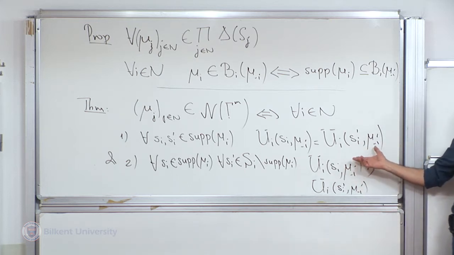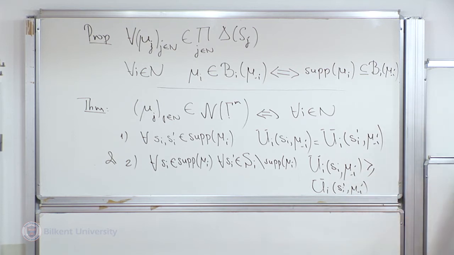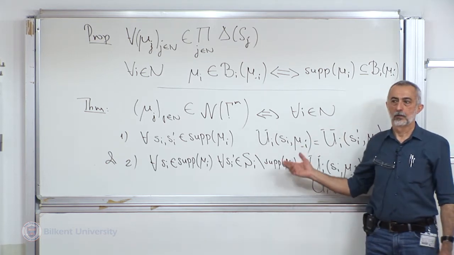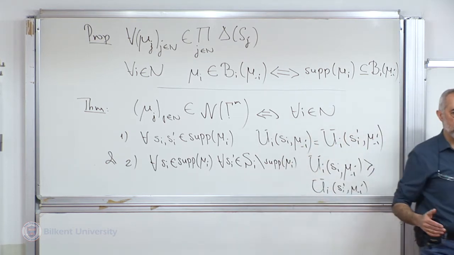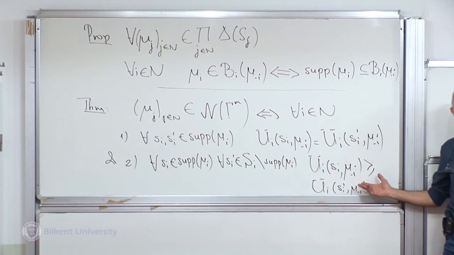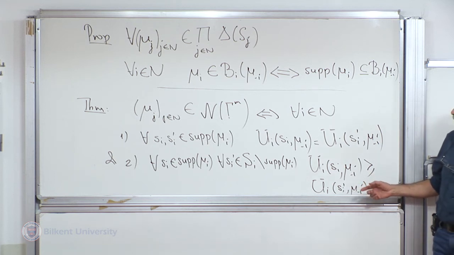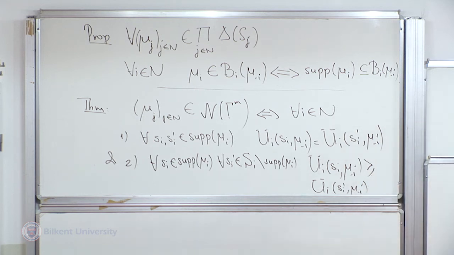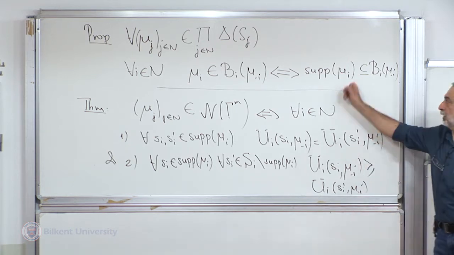So all you have to do is solve them. The problem is, usually there are too many of them. Okay? So it would be nice if we could eliminate some cases, some situations.